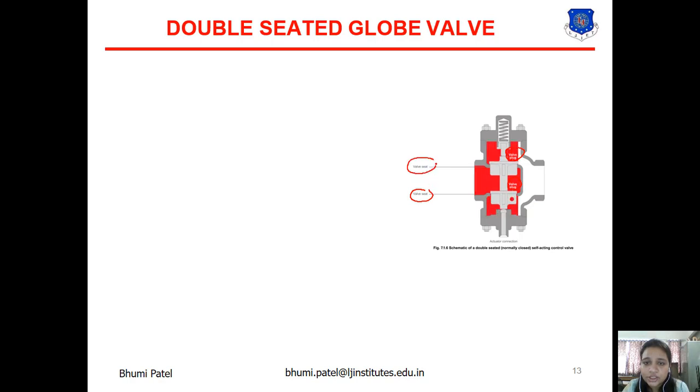So this is the construction of the double seated valve. Whenever the actuator moves downward, the flow is stopped, and whenever the actuator goes to the upper side, the flow is generated and we get the output flow. So this is the basic working of the double seated valve.